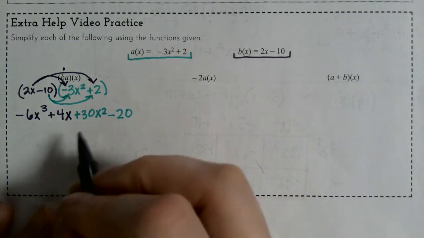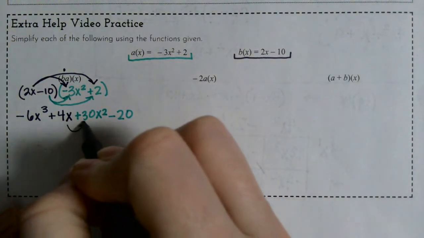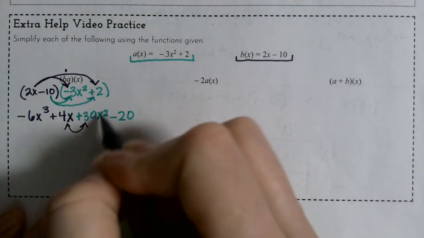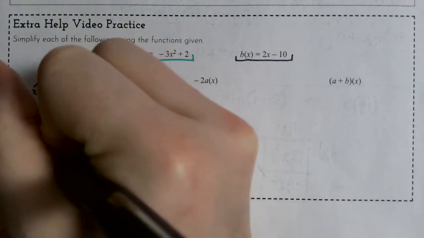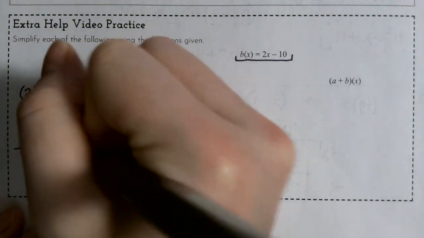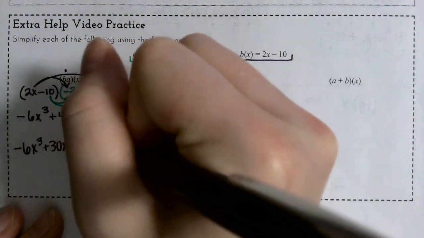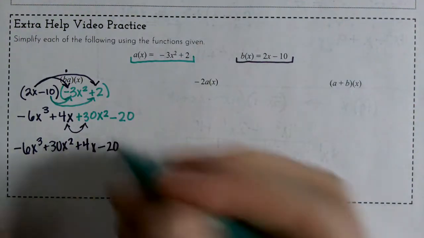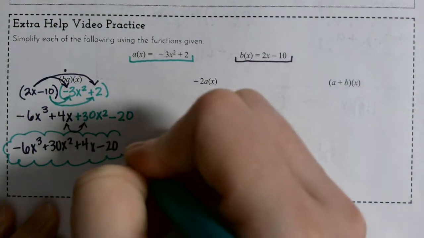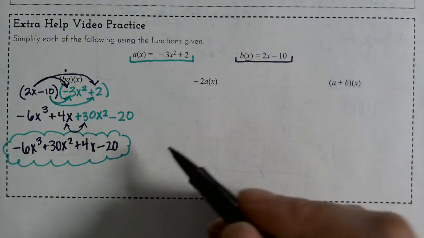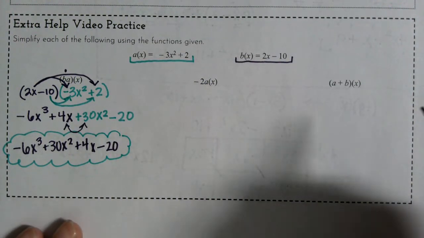So I don't see any like terms, but I do notice that these two should be swapped because this exponent is bigger. So I should get an answer of negative 6x to the third plus 30x squared plus 4x minus 20. So for multiplication, you're really going to need to remember to do distributive method or box method.